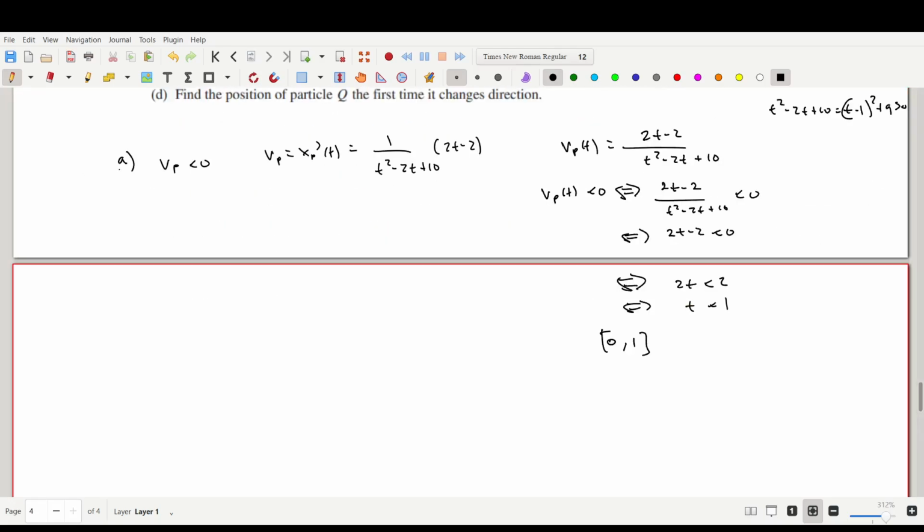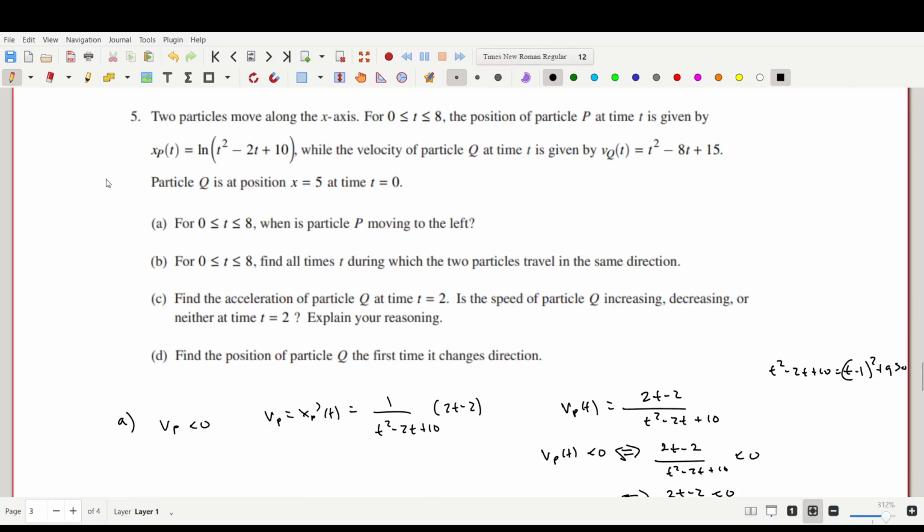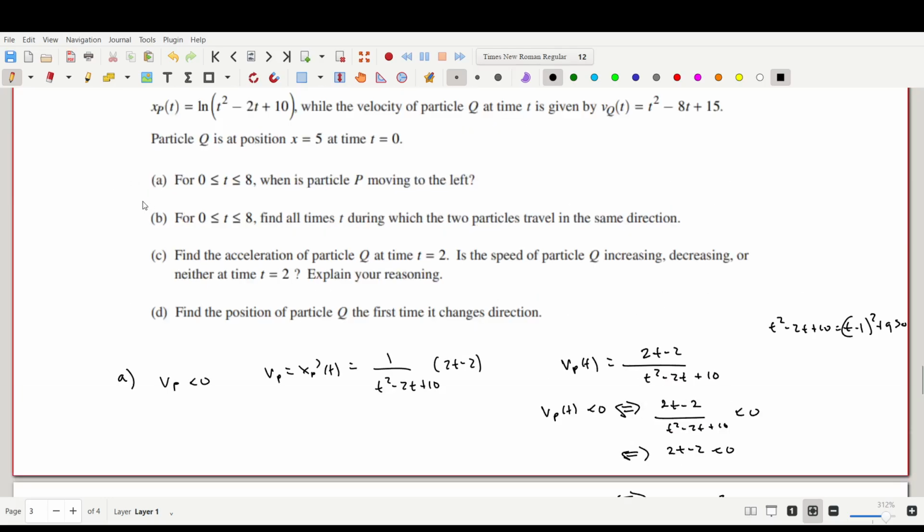All right, B. For 0 less than t less than 8, find the times where the 2 particles travel in the same direction. All right. Well, let's find when vQ is moving to the left.